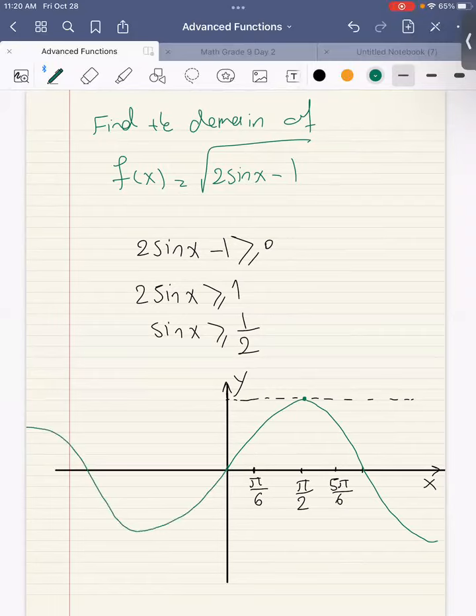Okay. So at these 2 points, sine is 1/2. So one is this, and one is this.